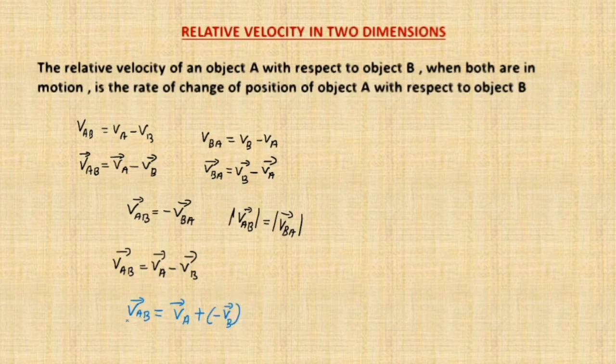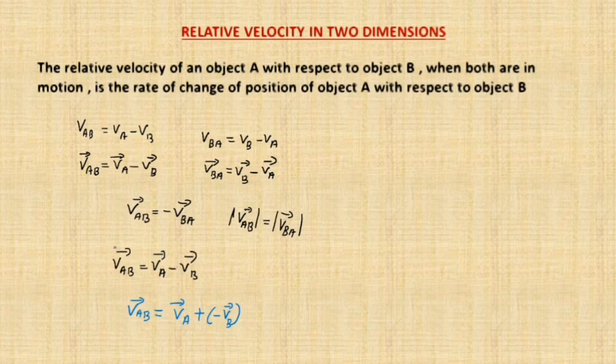That means the relative velocity of A with respect to B is equal to the velocity vector of A plus the negative velocity vector of B. Hence the relative velocity of object A with respect to object B is the vector addition of the velocity vector of A and the negative velocity vector of B. So this is a way to write relative velocity.